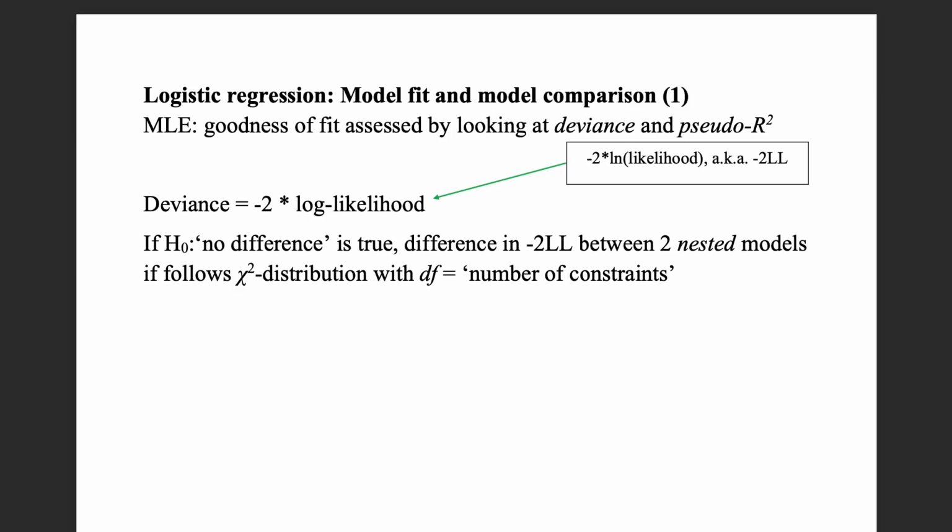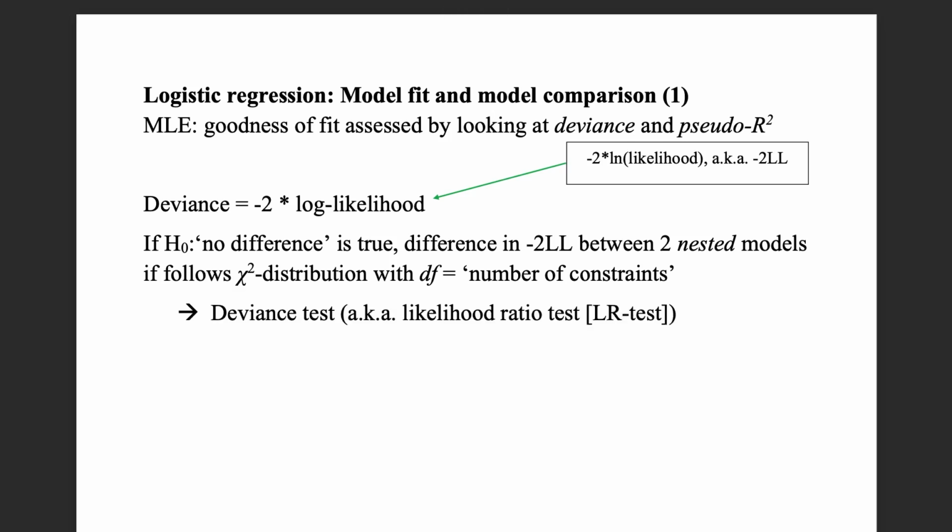So if we want to test the null hypothesis that there is no difference between two different nested models in terms of goodness of fit, so how well they fit the data, then we can test that null hypothesis with this deviance measure, because the difference in deviance, so the difference in -2 times log likelihood between two nested models, if the null hypothesis is true, follows a chi-squared distribution where the degrees of freedom of that chi-squared distribution, so exactly what chi-squared distribution we're looking at, is identical to the number of constraints we are putting on the model to get from the more complicated model to the simpler model.